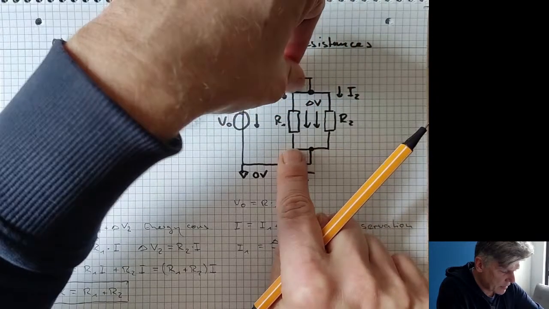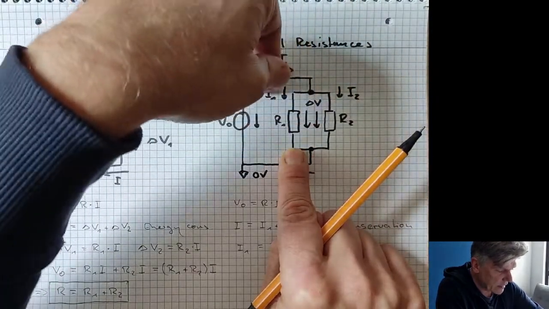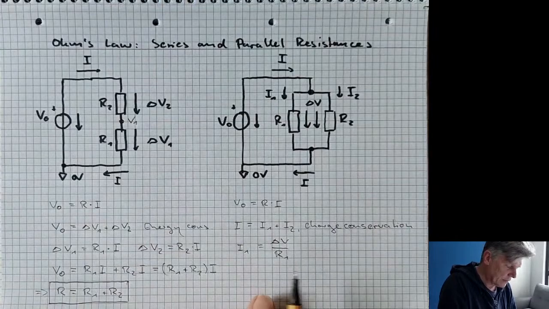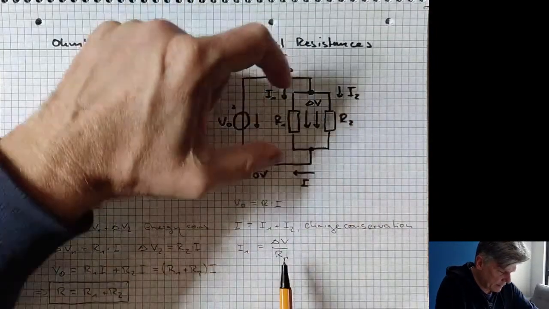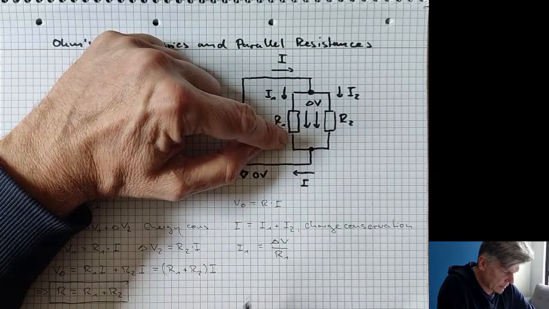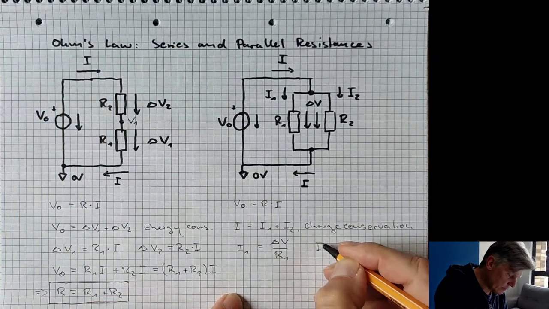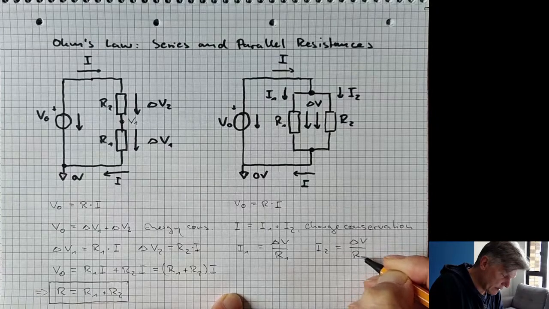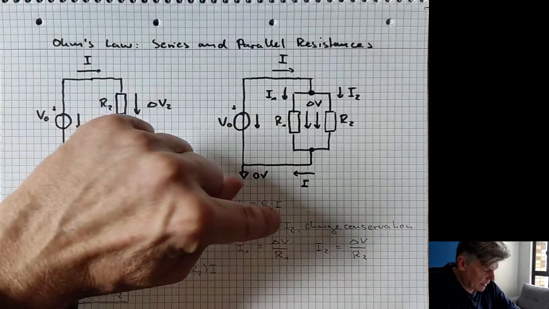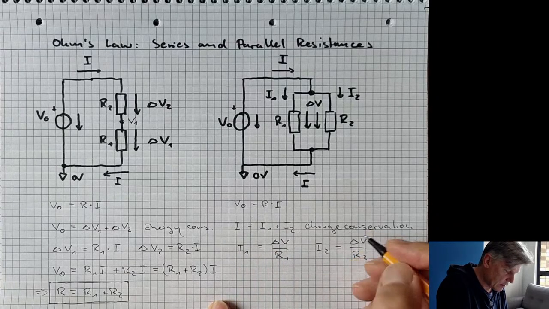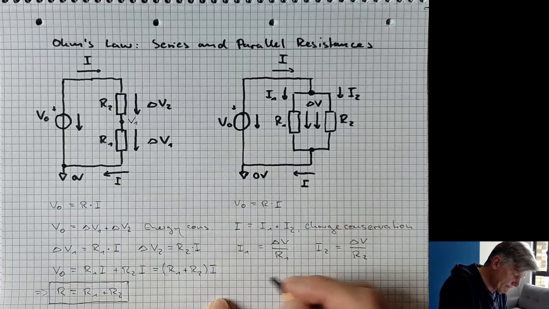So the potential difference driving the current I1 through R1 is, in fact, delta V. But the same is true for I2. It's delta V divided by R2. So now let's substitute the currents in the charge conservation equation.